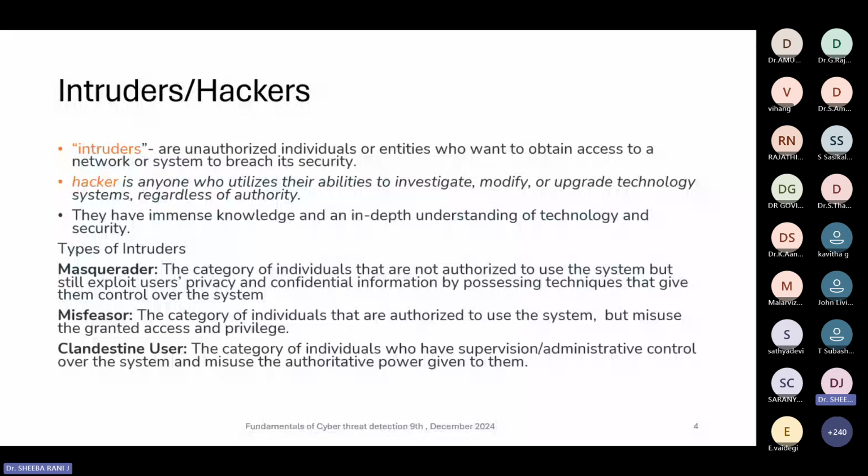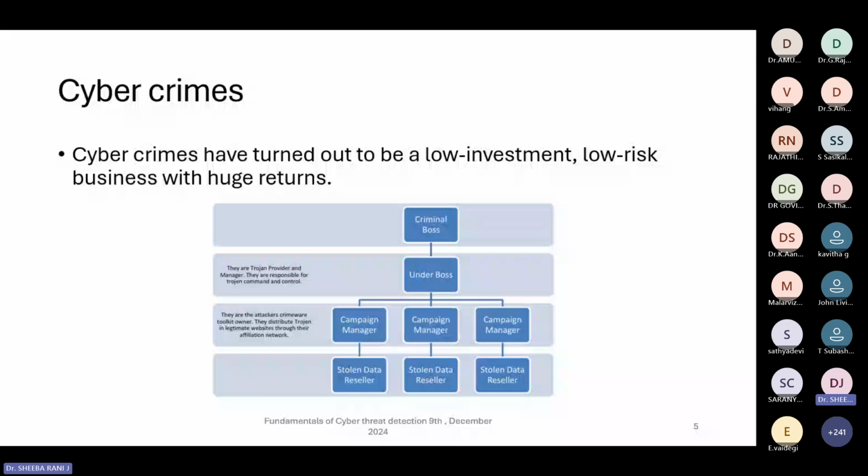Now I am just going to give some insight into cyber crimes, because today cyber attacks are happening because of some motives. You see that cyber crimes have turned out to be a low investment, low risk business with huge returns.